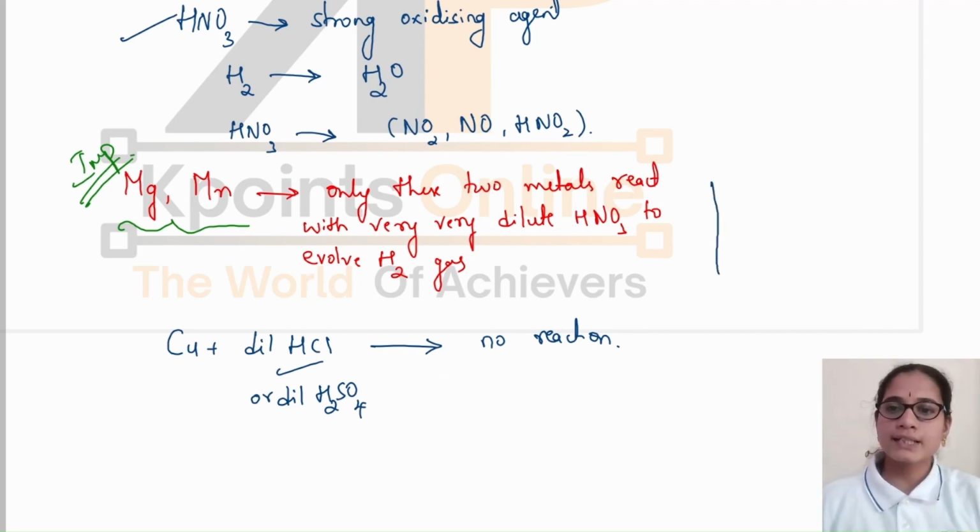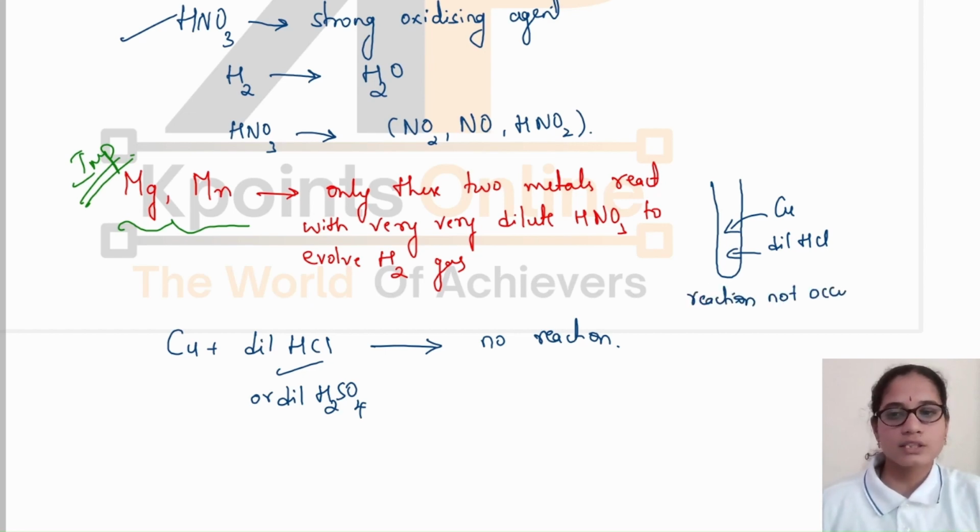If you take a test tube with dilute HCl and add copper turnings into it, there is no evolution of hydrogen gas, no bubbles of hydrogen gas, because the reaction does not occur.